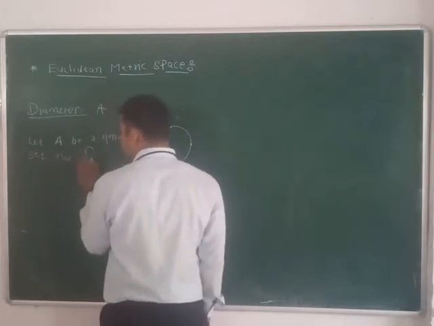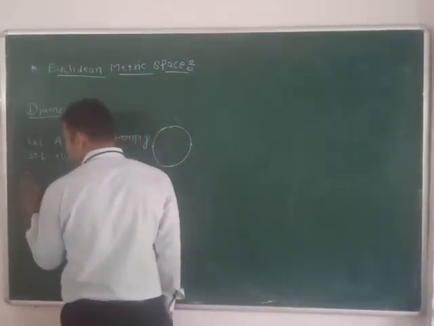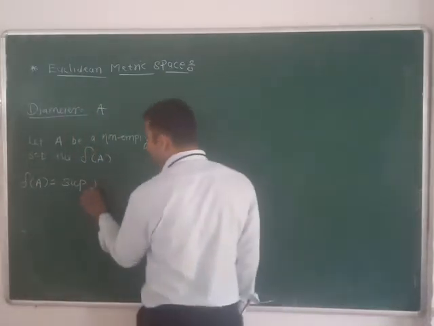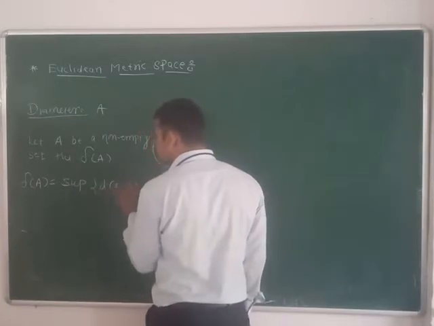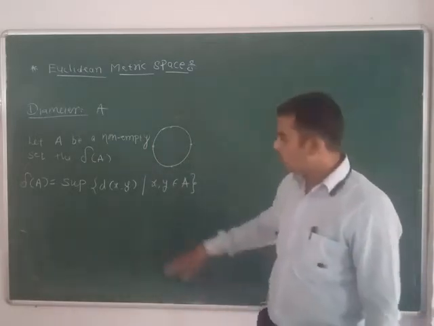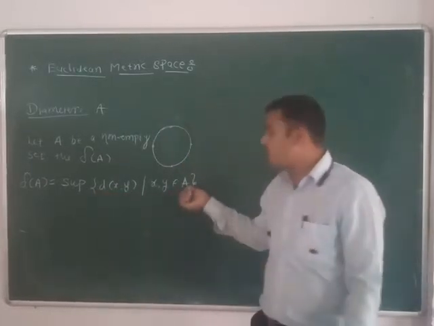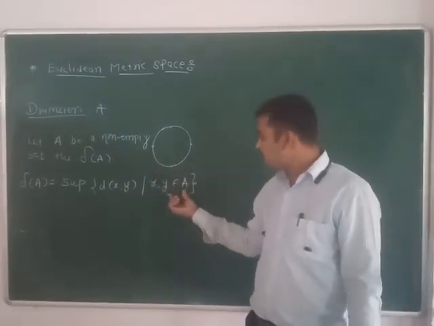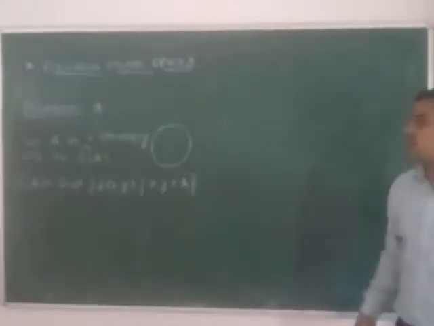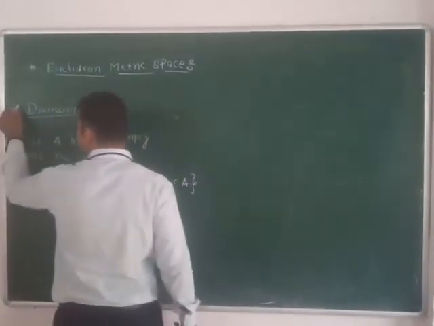Then this is the notation for the diameter of A, and it is defined as the supremum of distances d(x, y), where x, y belong to capital A. The diameter is the supremum of distances, taken over this set A. So the diameter is nothing but the maximum distance between 2 points of a set. This is the definition of diameter.